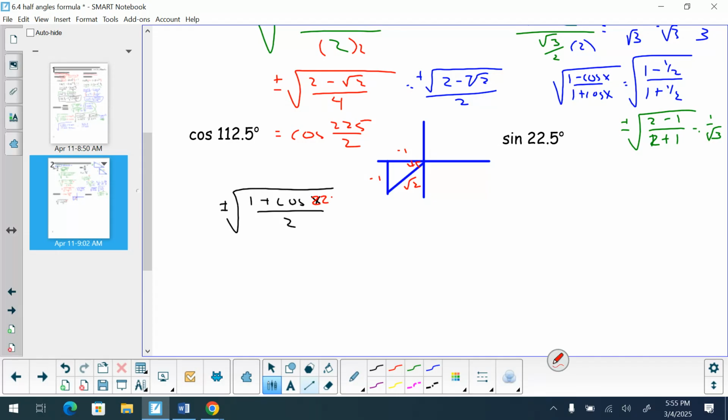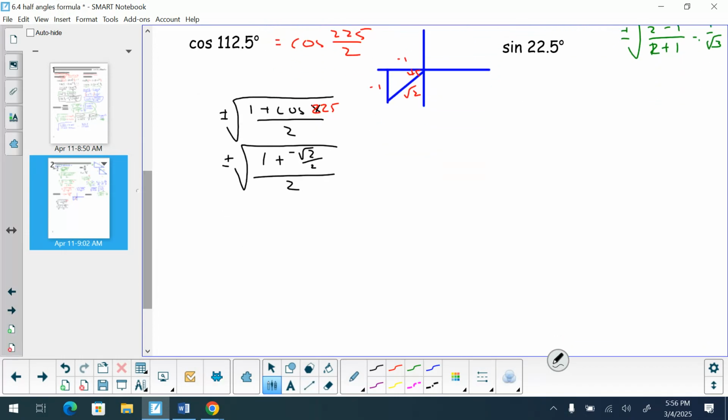This is 225. So if I look at the cosine of 225, we have a negative 1 over square root of 2, or we have plus or minus square root of 1 plus a negative square root of 2 over 2, all over a value of 2. We can simplify once again by multiplying top and bottom by value 2.